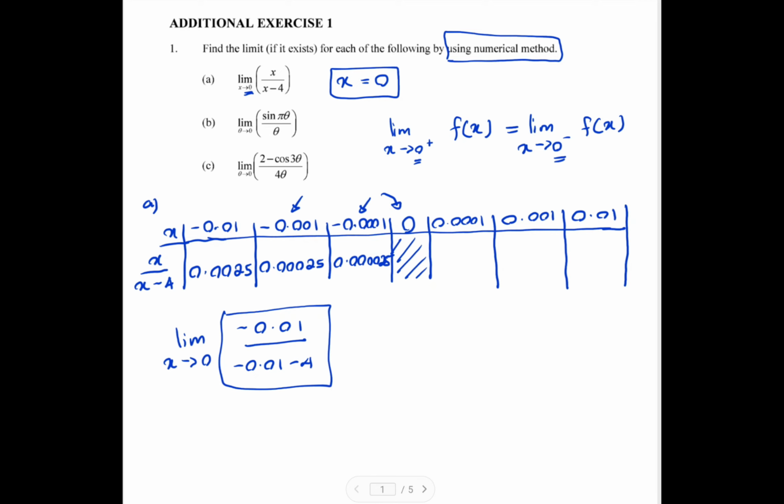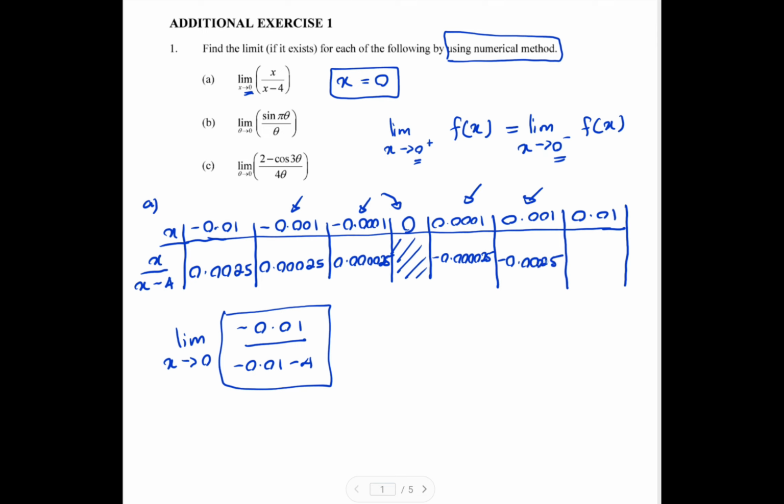Also the same thing for the right hand side. When we substitute the value 0.0001, we get negative 0.00025. Also the same thing for this one, we get negative 0.0025.